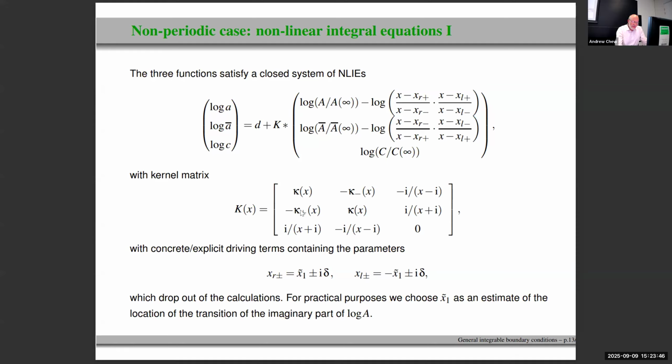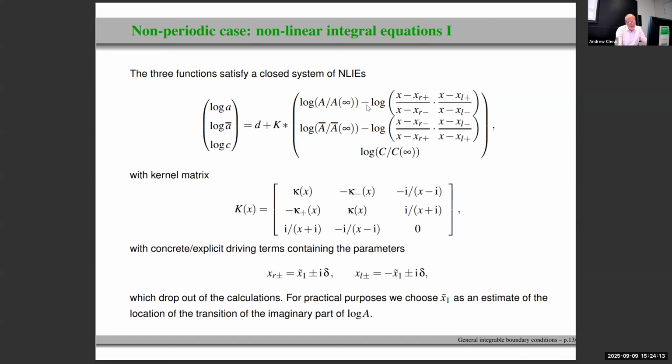The same kernels as before appear, these kappas, but then there are additional functions in the kernel which are rather long-ranged. These are Cauchy type kernels, slowly algebraically decaying.